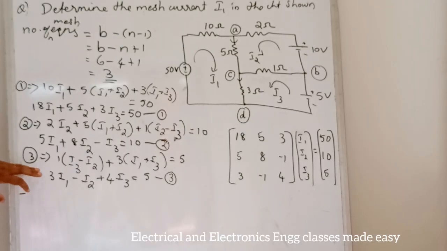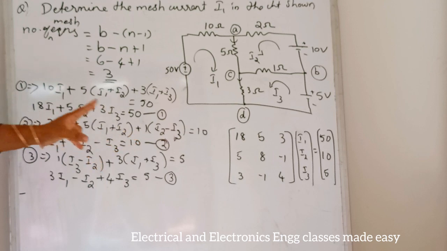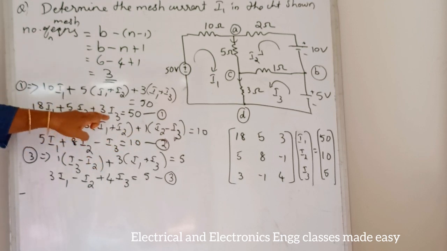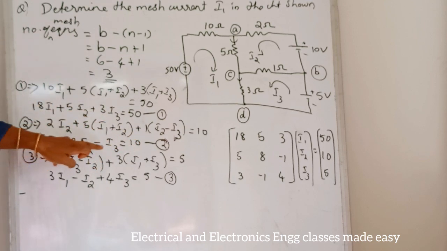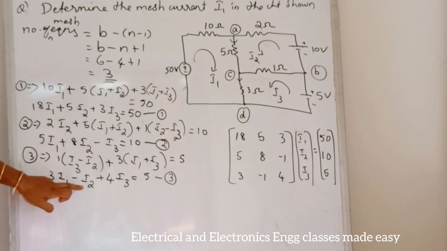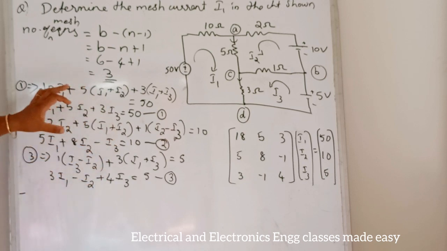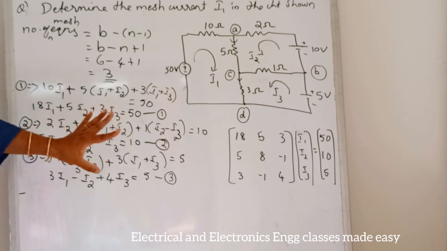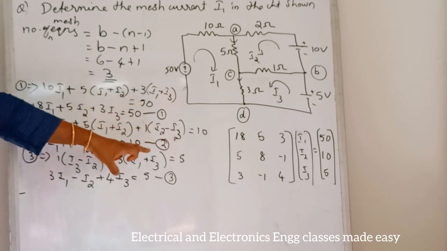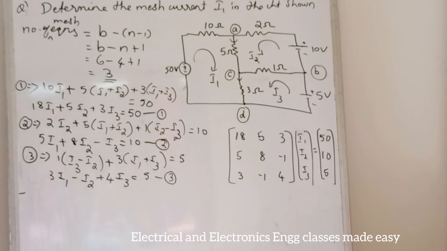So these equations we can write in matrix form like that: 18, 5, 3, 5, 8, minus 1, 3, minus 1, 4, into the unknowns I1, I2, I3, that is equal to 50, 10 and 5. Now we can find I1.